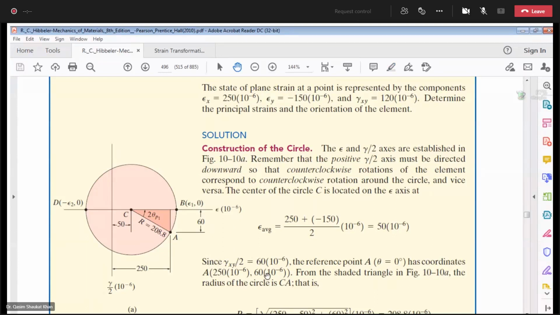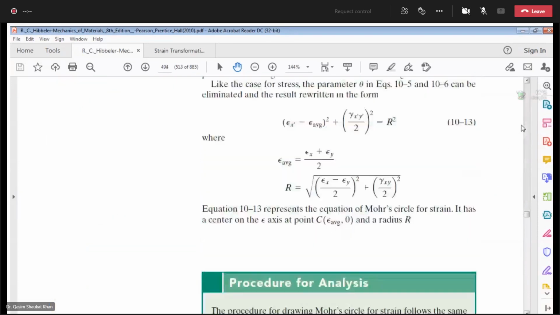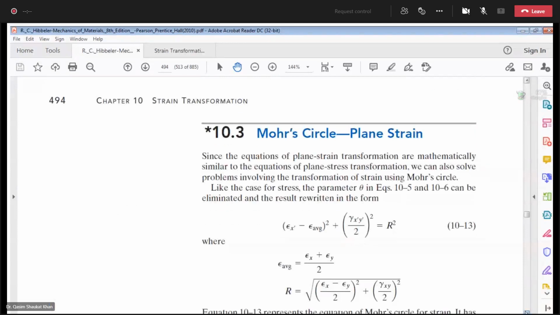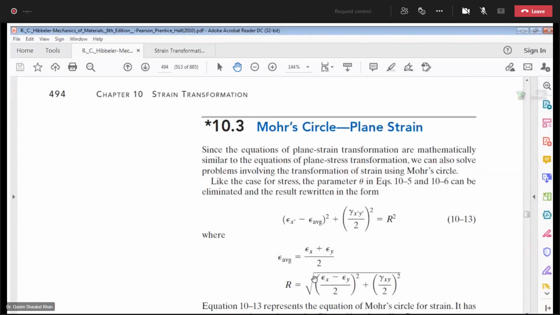Next step, please calculate the radius, or the resultant, of the Mohr circle.